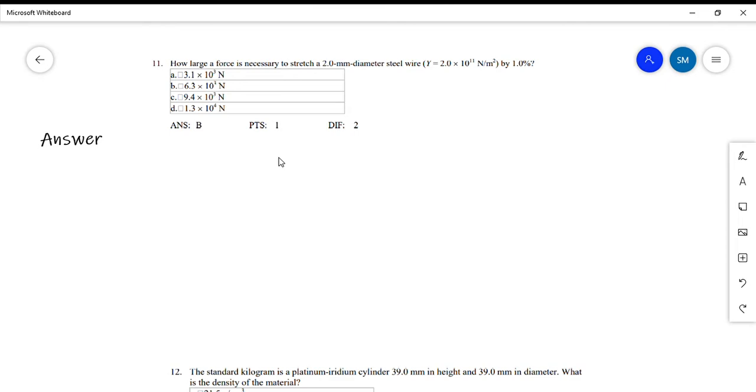He gave us the strain, which is 1%. 1% is equivalent to 0.01, so instead of using 1%, we will use 0.01. If you want to use 1%, okay, but don't forget to write the percentage sign on the calculator.